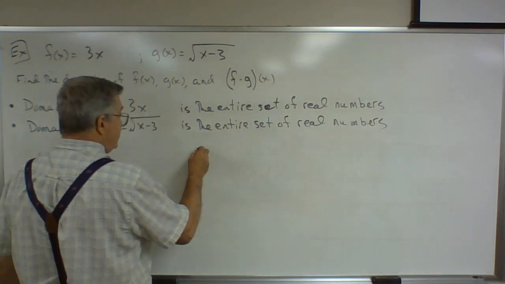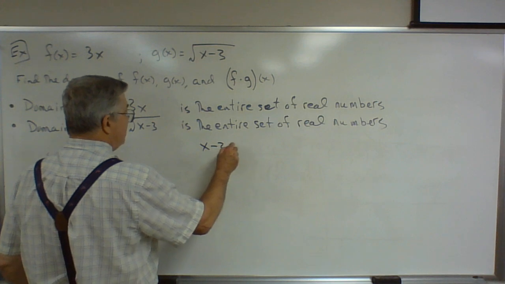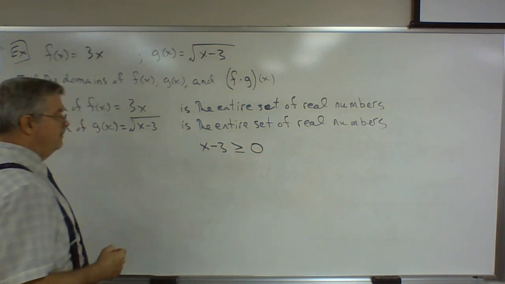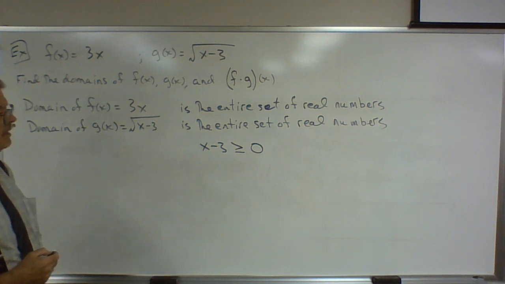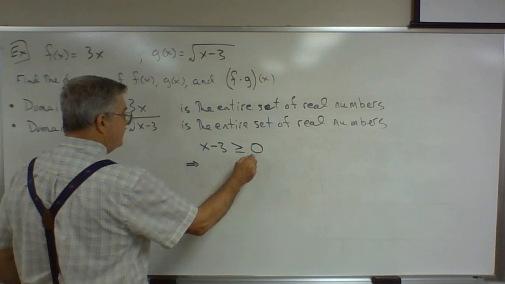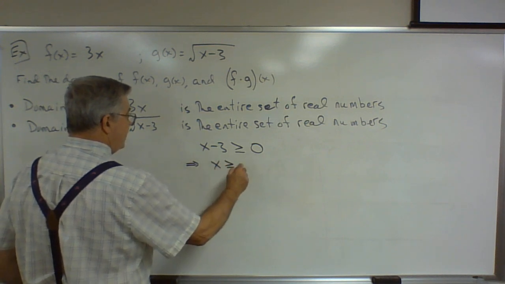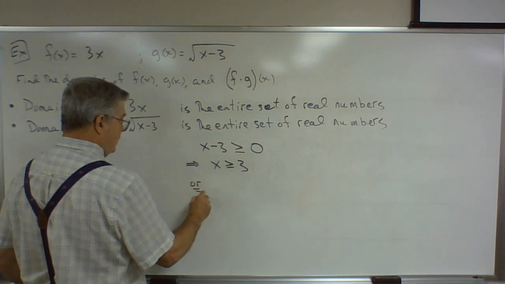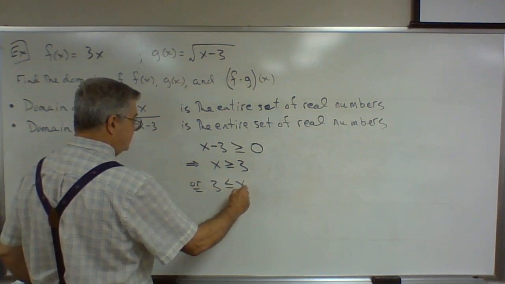So we demand that x minus 3 be greater than or equal to 0. And that means, if we move 3 to the other side, that x has to be greater than or equal to 3. Or 3 less than or equal to x.